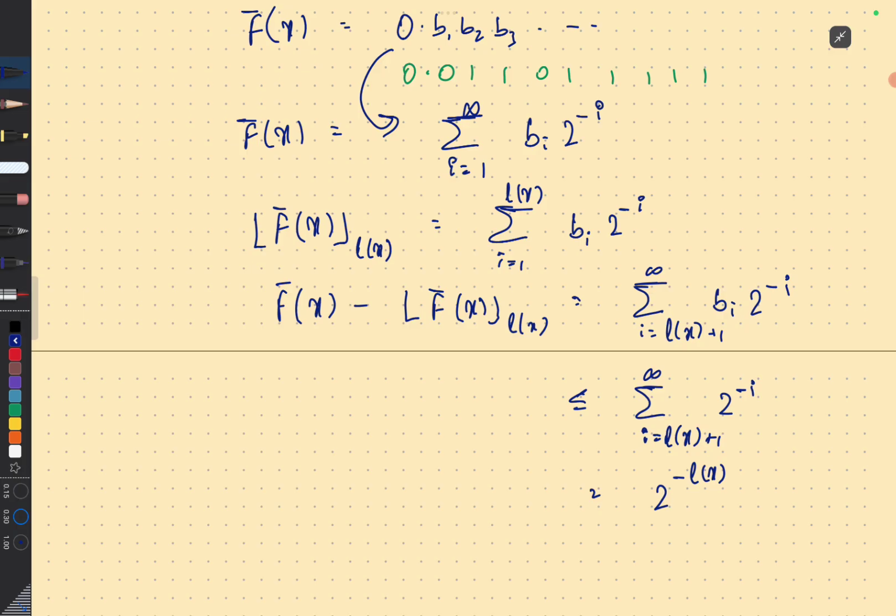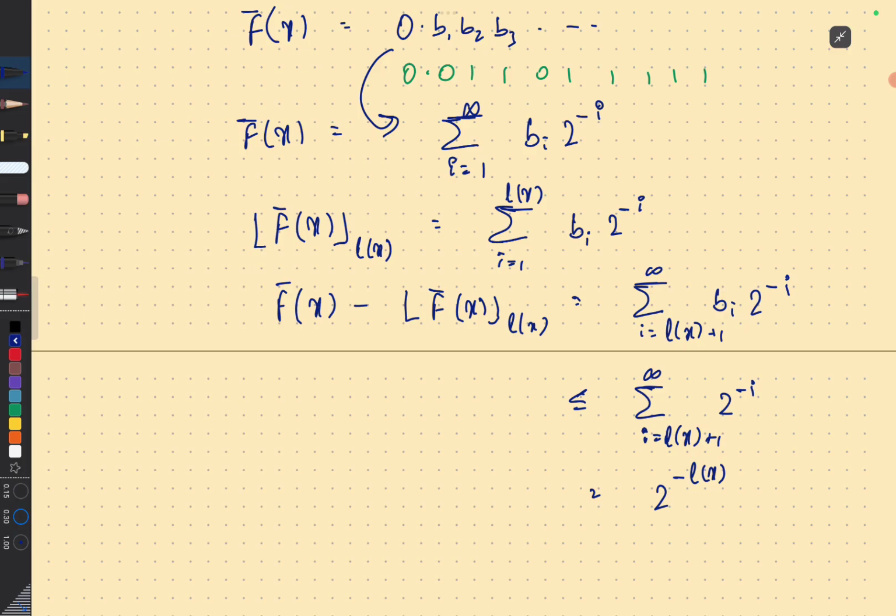What I wanted to show there was a lower bound, right? So let's take f bar of x prime minus f bar of x. Sorry, I think I got the inequalities mixed up.